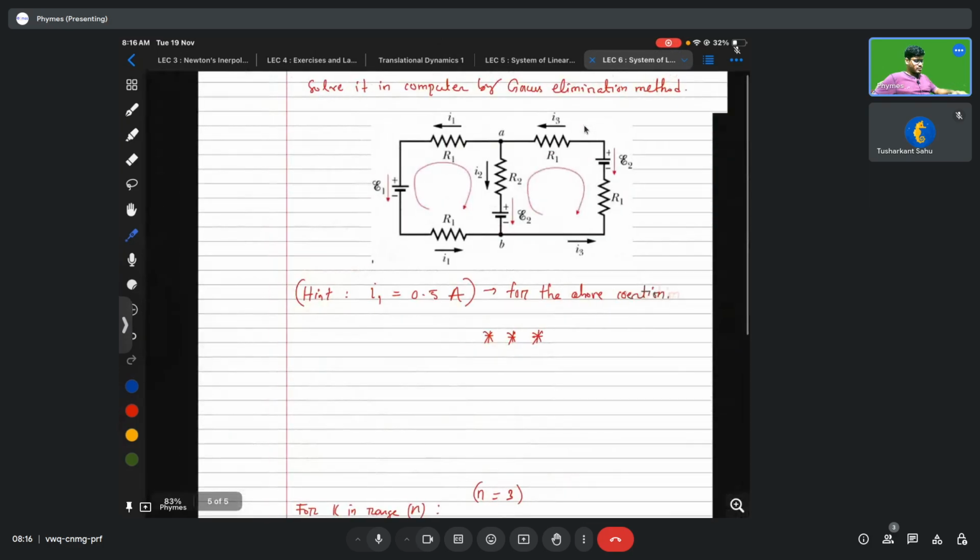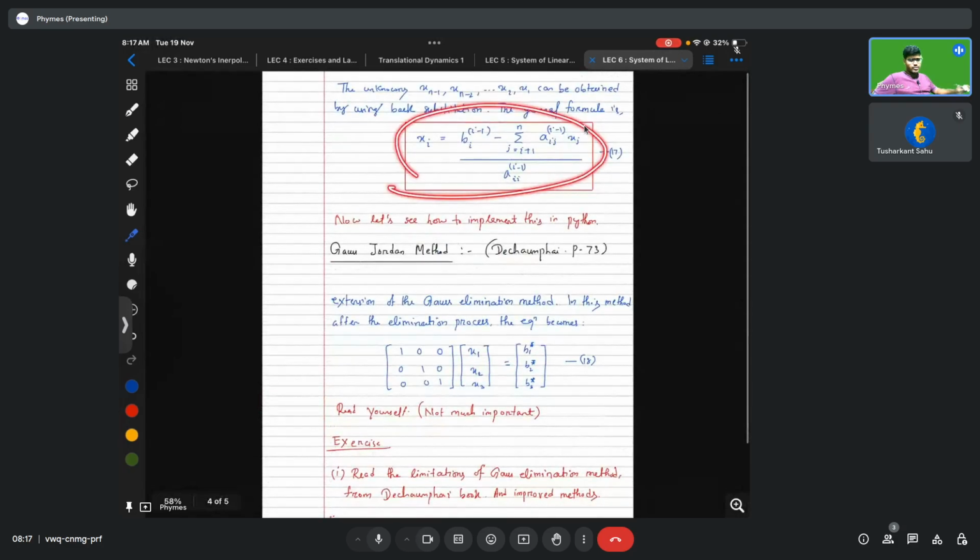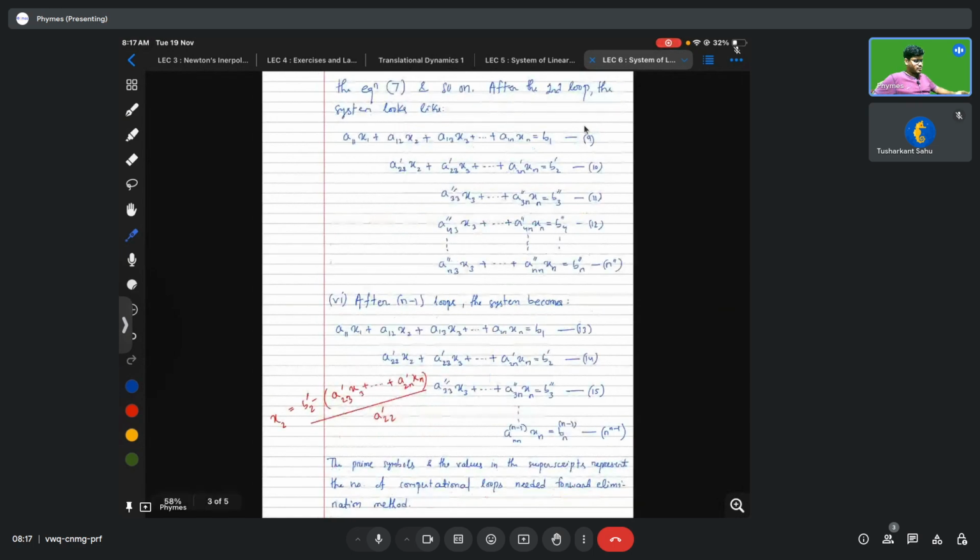Okay, so let's implement this generalized version of Gauss elimination method now in Python. Let's see how to do it using a computer.